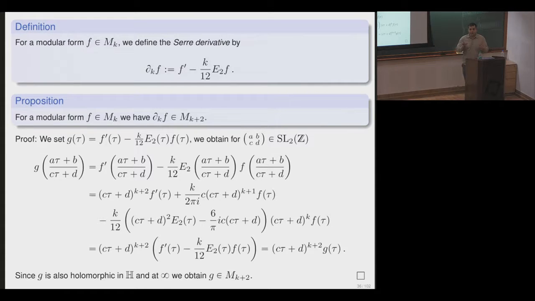Again, this can be seen in a higher context of Gauss-Manin connections and so on. So you have an additional structure on this space of modular forms by having these various kinds of derivatives.